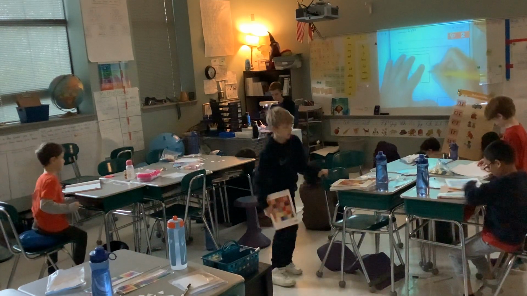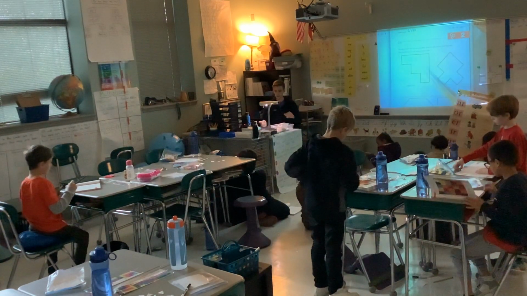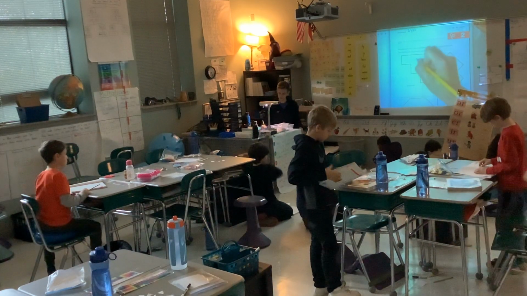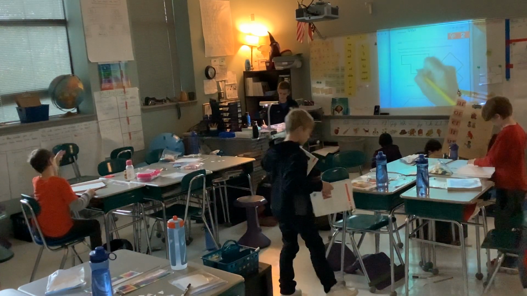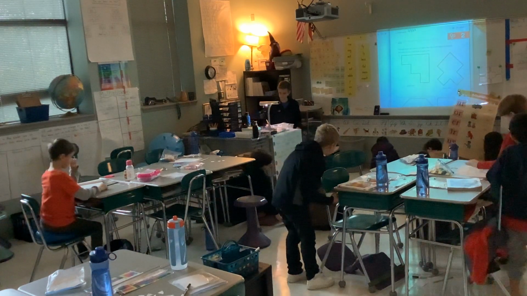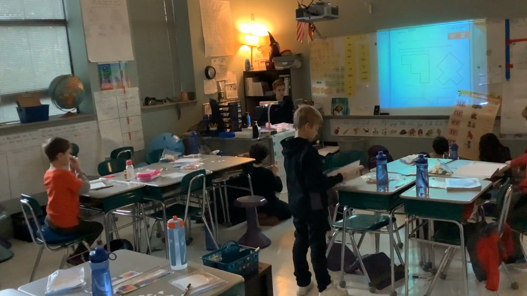We're going to have one more here. Alright, and now we can see. How many square tiles do we have? 6. 1, 2, 3, 4, 5, 6. So how many square units? 6 square units.